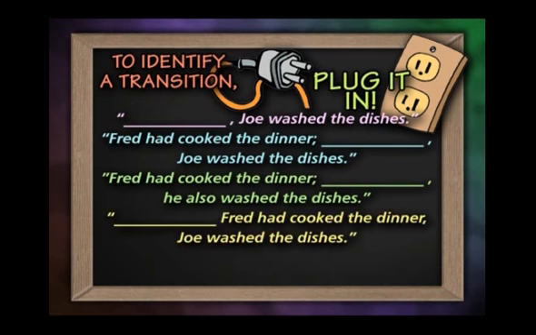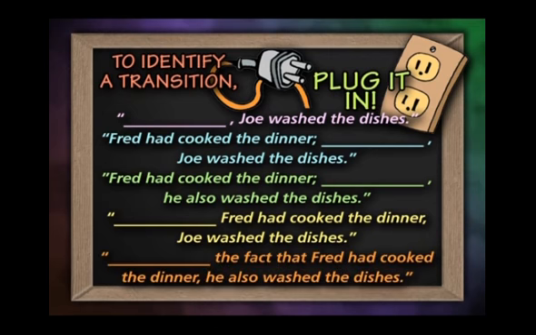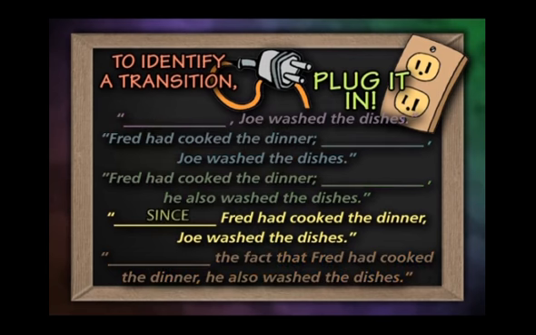Or, blank, Fred had cooked the dinner, Joe washed the dishes. Here's one more. Blank, the fact that Fred had cooked the dinner, he also washed the dishes. If the word makes sense in one of these sentences, it might make an effective transition.